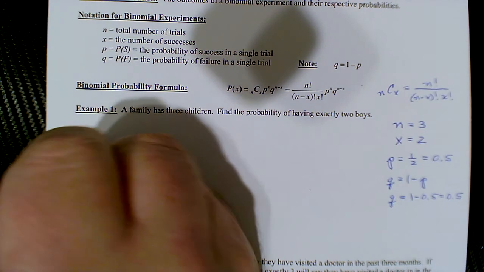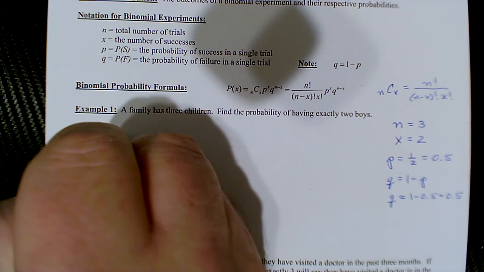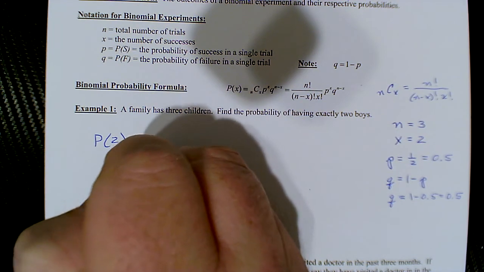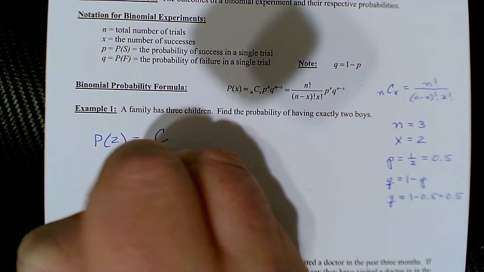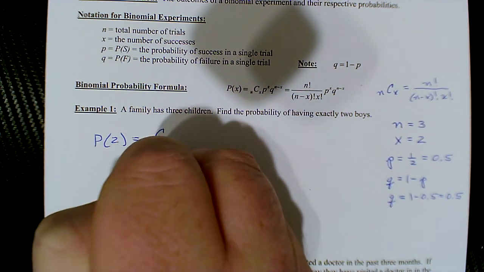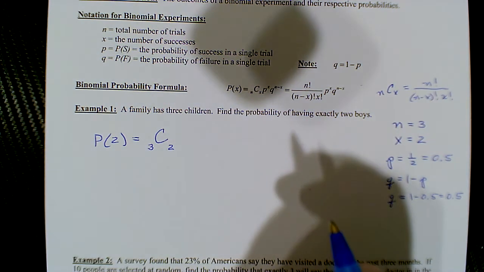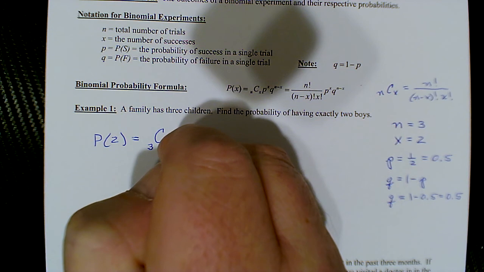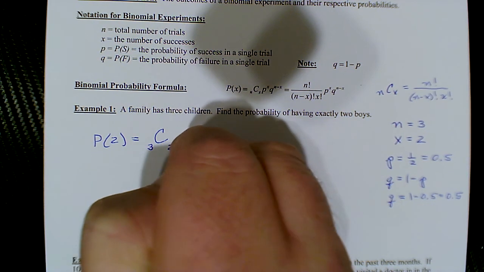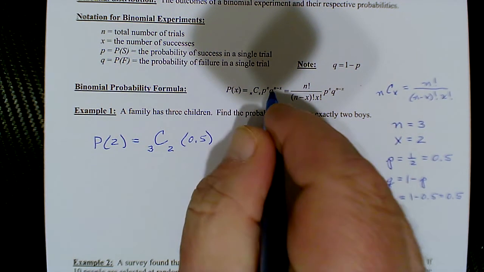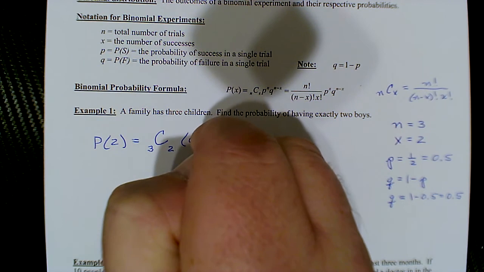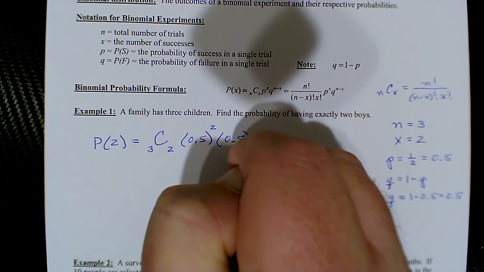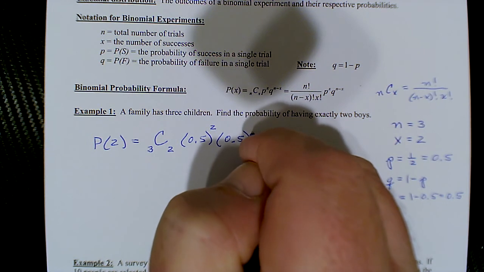So the probability of 2 successes will be, okay, regarding the combinations formula, there's 3 trials, x is 2, so n is 3, x is 2, and then we have p, which is 0.5, to the x power, x is 2, and q, which is also 0.5, raised to the n minus x.